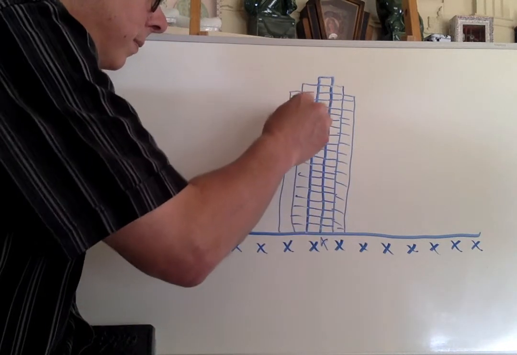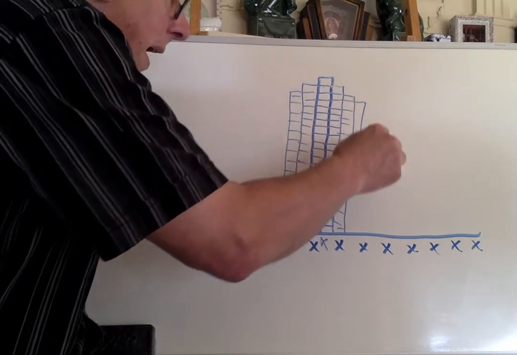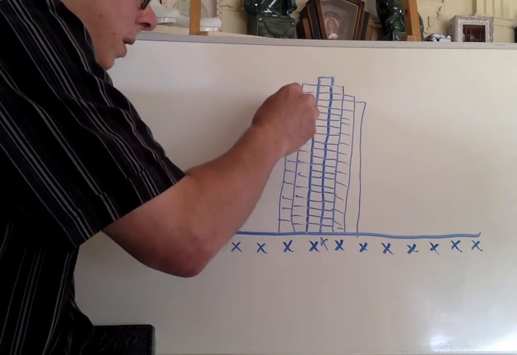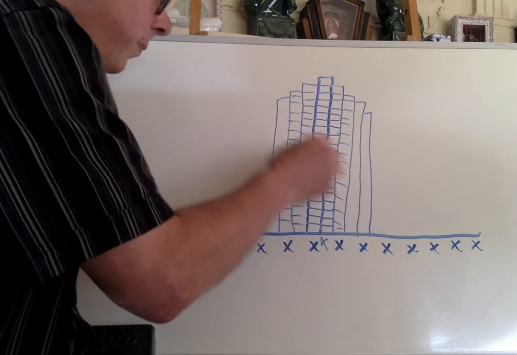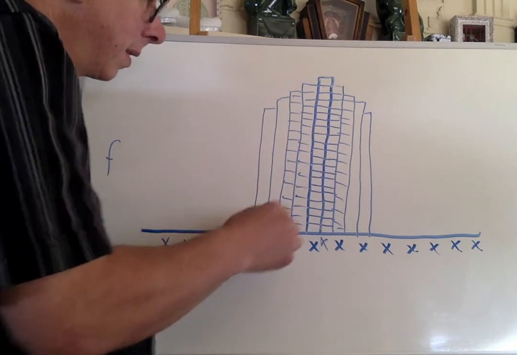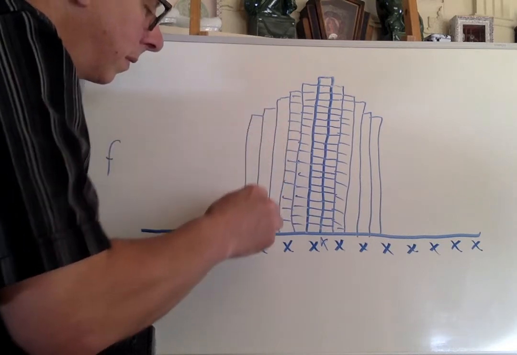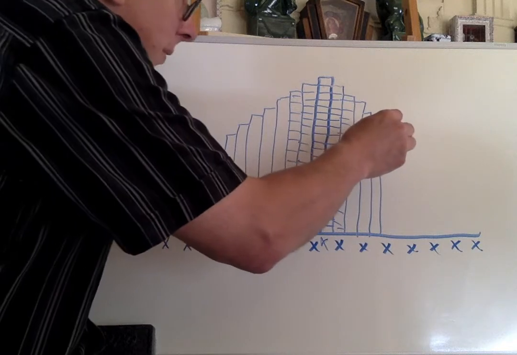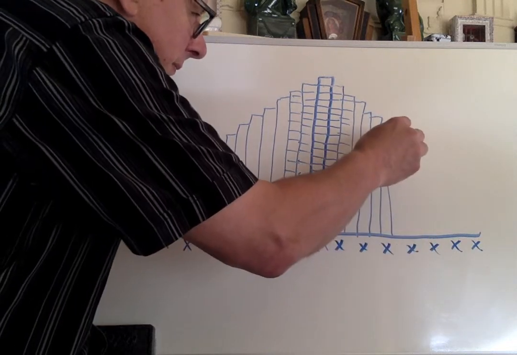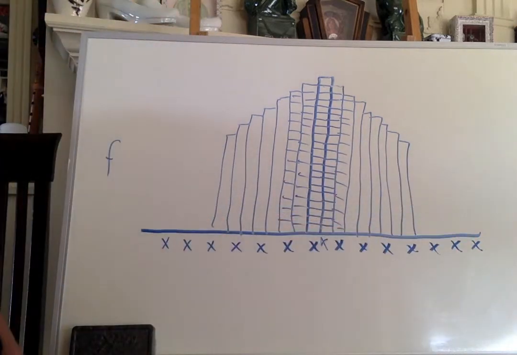Okay. And we'll keep going with this pattern. Everybody with me? We're going to keep going with this pattern. Keep going, keep going. And I'm going to ask you to think about this because I'm going to run out of board space here.